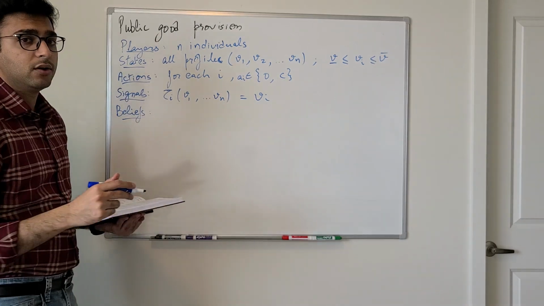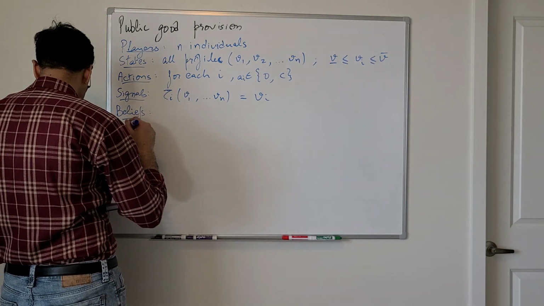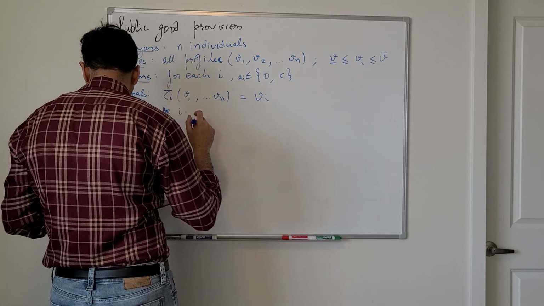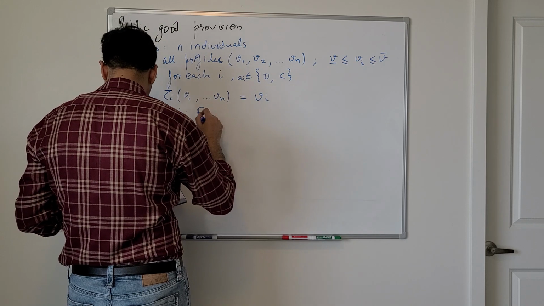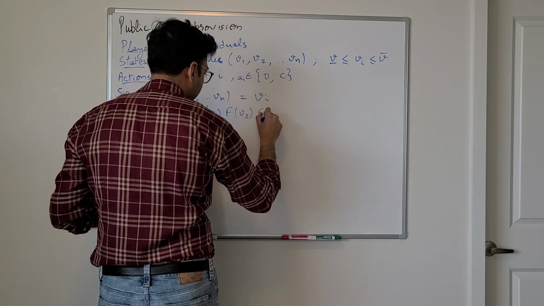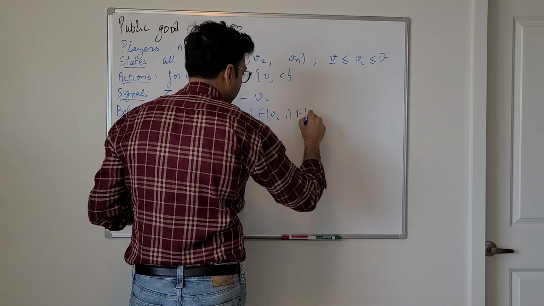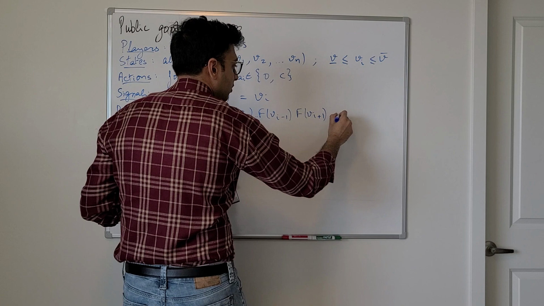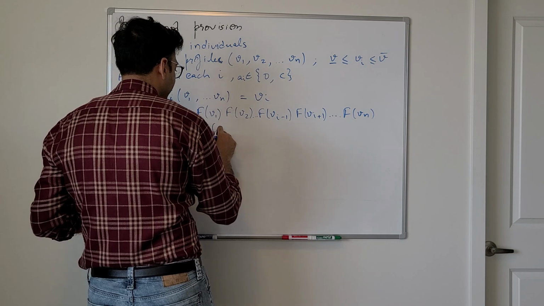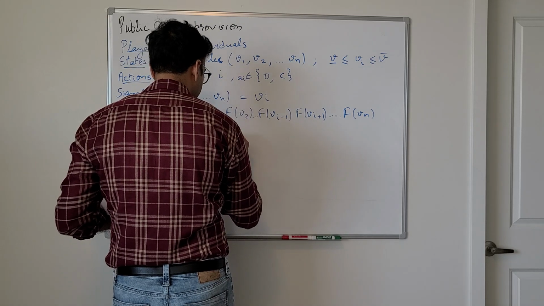The beliefs depend entirely on the distribution function F of v, and player I assigns probability of F(v1) times F(v2) times up to F(vi minus 1) times F(vi plus 1) times F(vn) to the probability that vj.